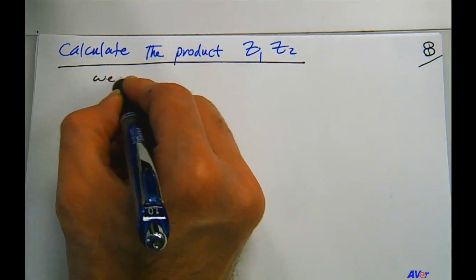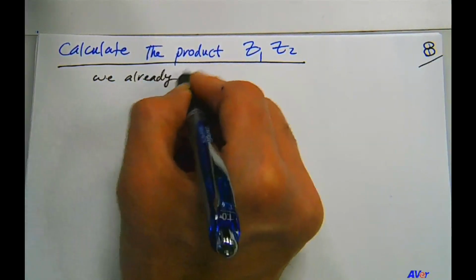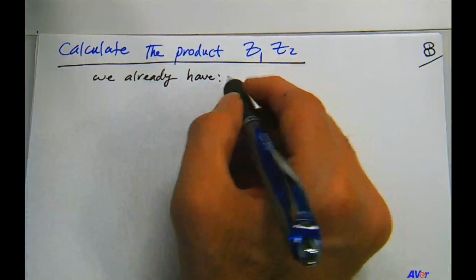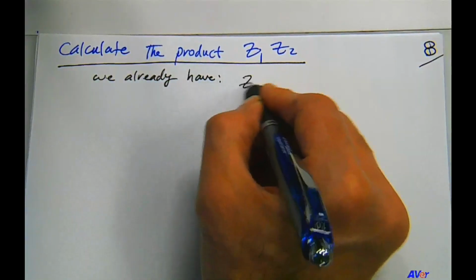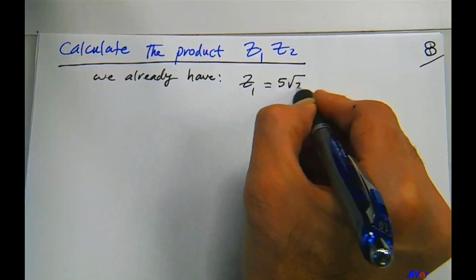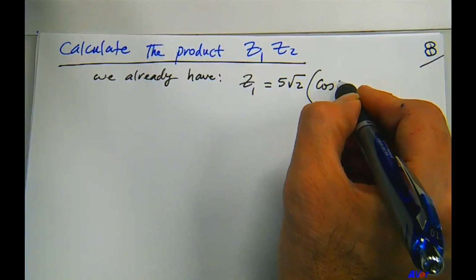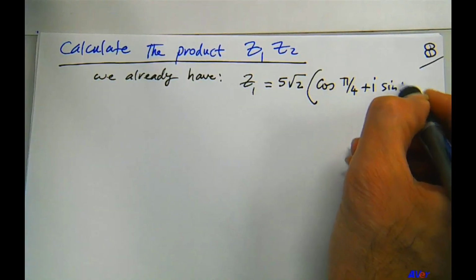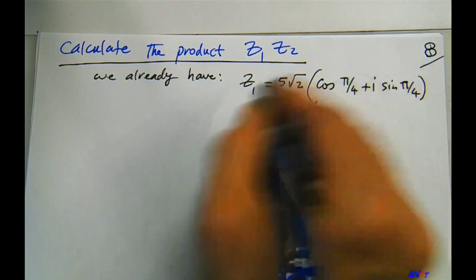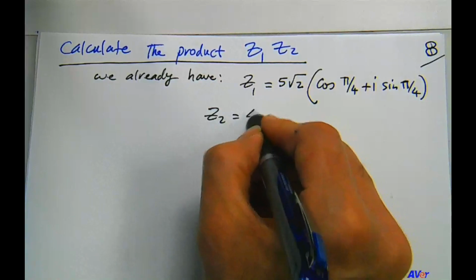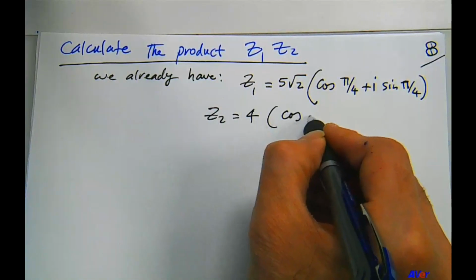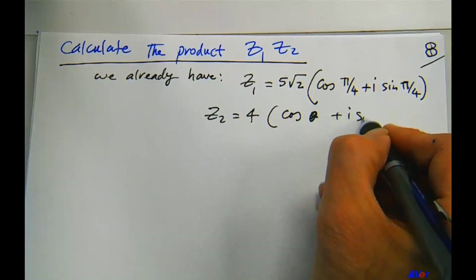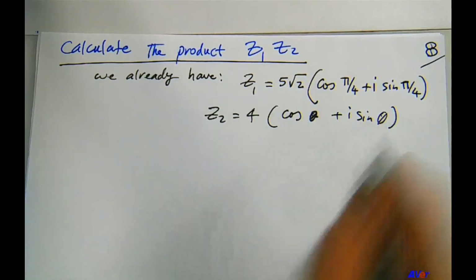So we have z1 equals 5 square root of 2 times cosine pi over 4 plus i sine pi over 4. And then z2 was 4 cosine 0 plus i sine 0. Okay, we had that.